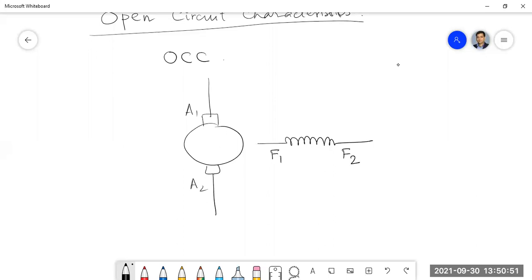What we'll do is change the field current, with the help of a potential divider or any other way. So this is the potential divider.